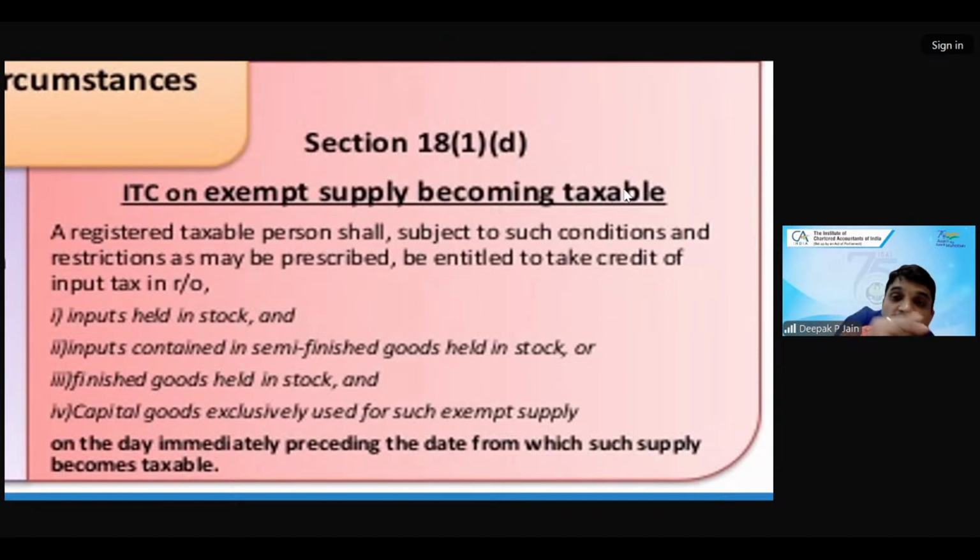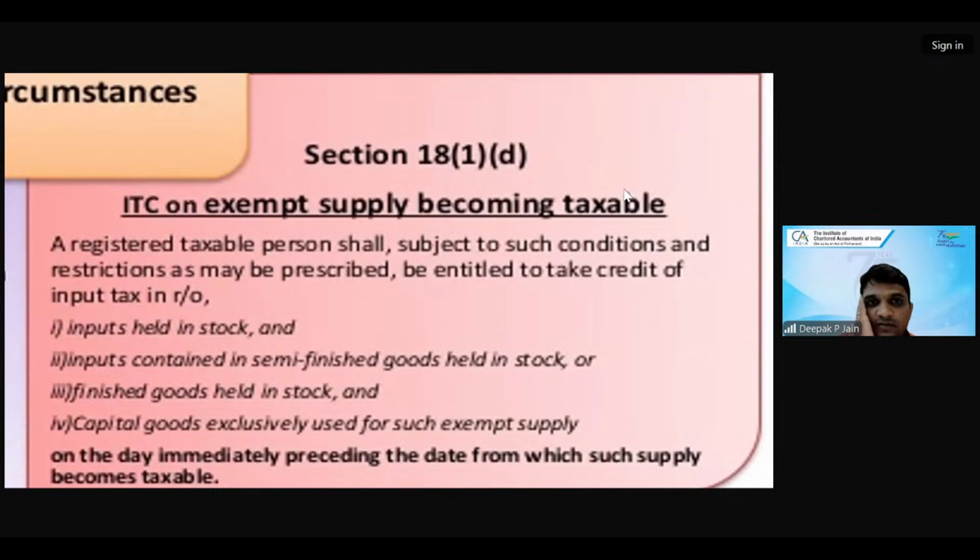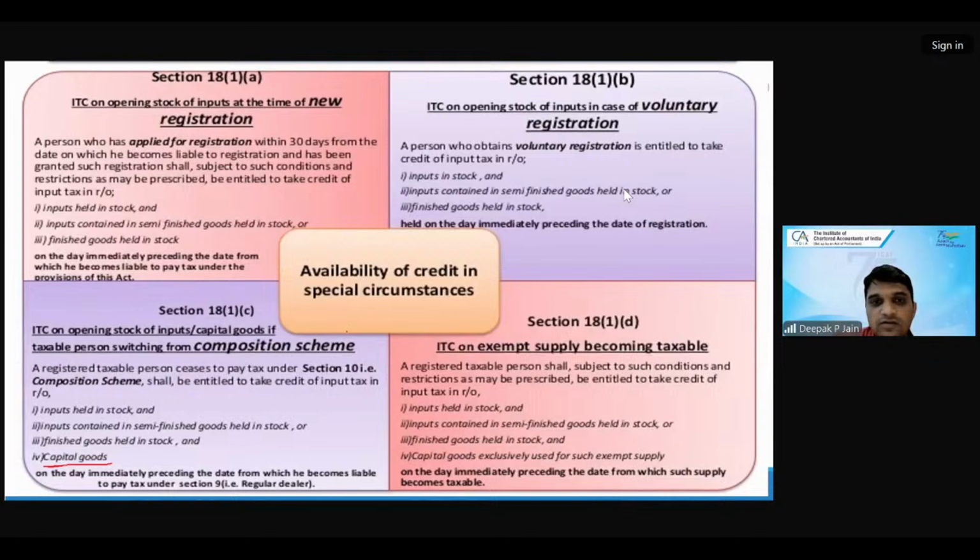So in 18(1)(c) and 18(1)(d) cases, you are getting the benefit of capital goods also. Again, the date will be immediately preceding the day from which such supply becomes taxable. From the day it converts from exempted to taxable, on that you will get this benefit. Clear with this? I'll explain you in a different chart also.